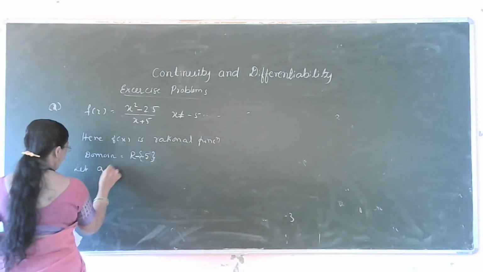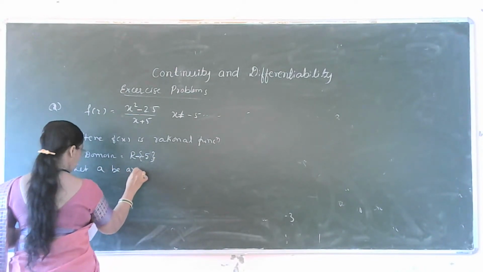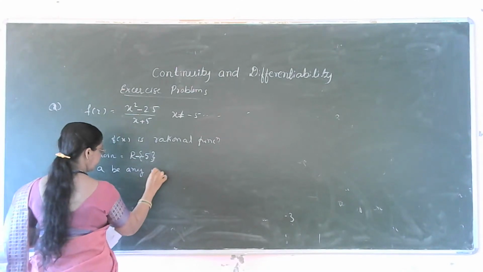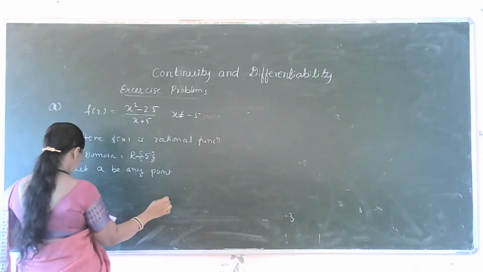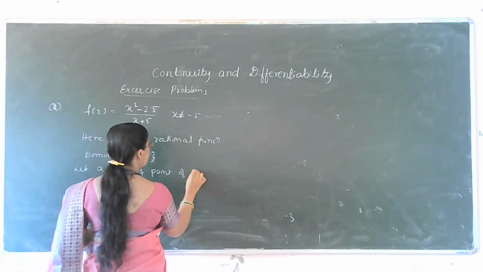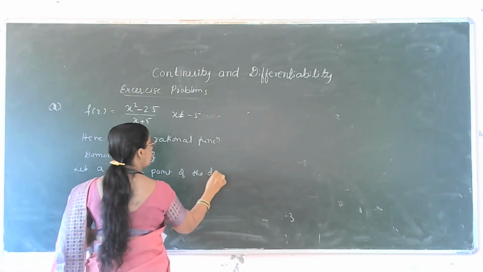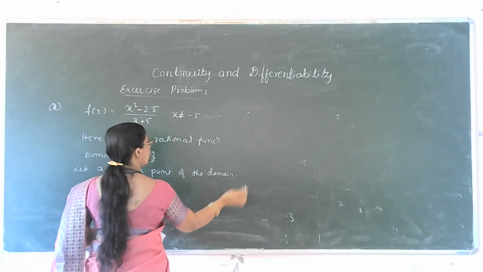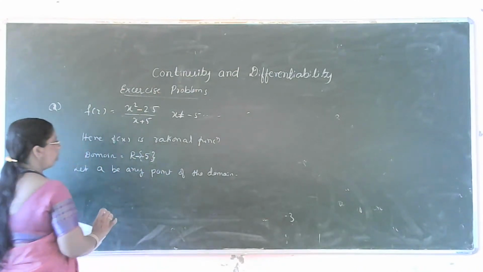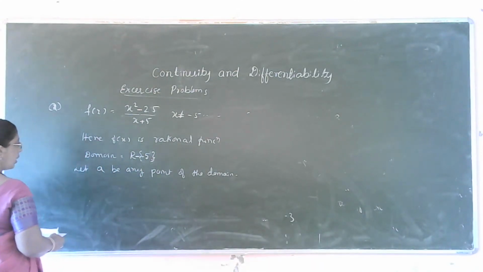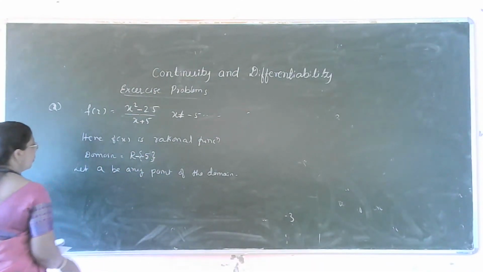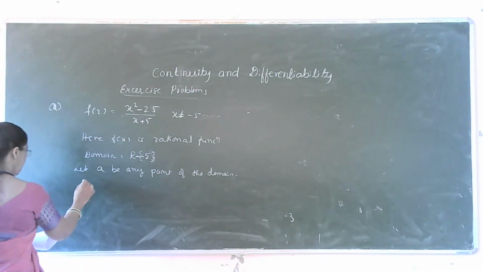Then let a be any point of the domain, so a is not equal to minus 5, but you can take any other value.